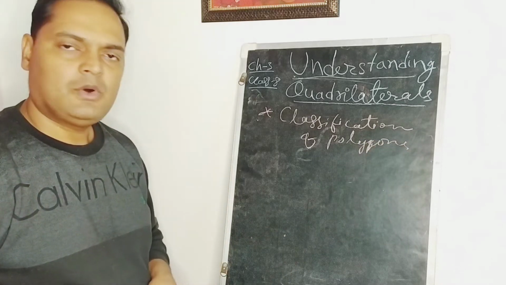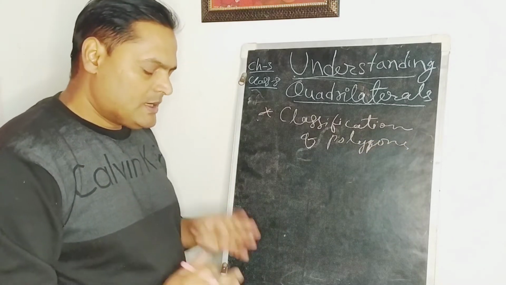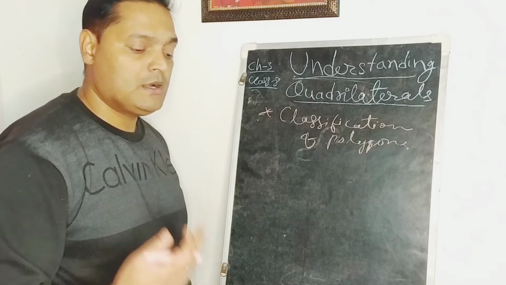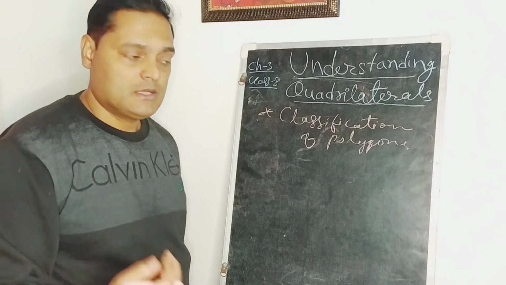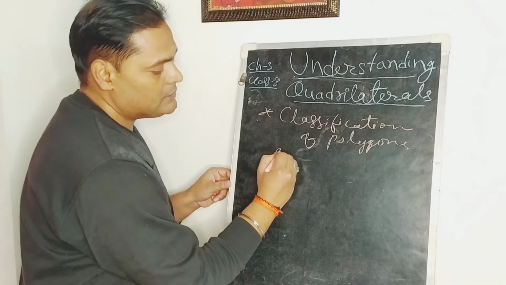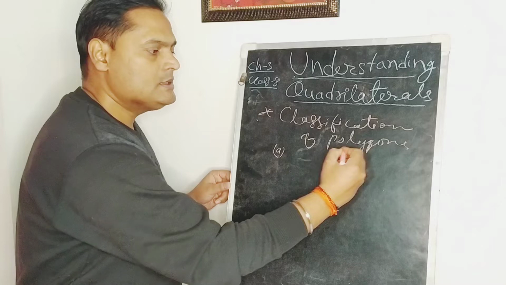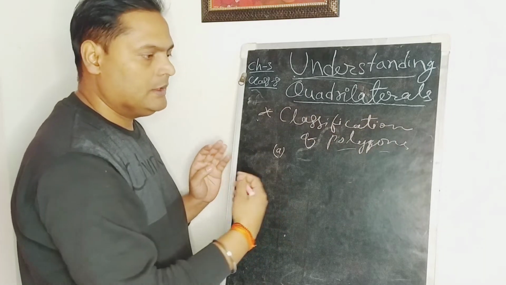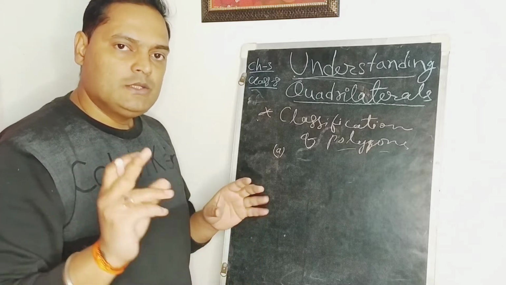So there are many polygons, but we need to classify the polygons. Polygons could be classified according to their number of sides and the vertices. So here are 2 points you should remember. The polygons could be classified on 2 facts.